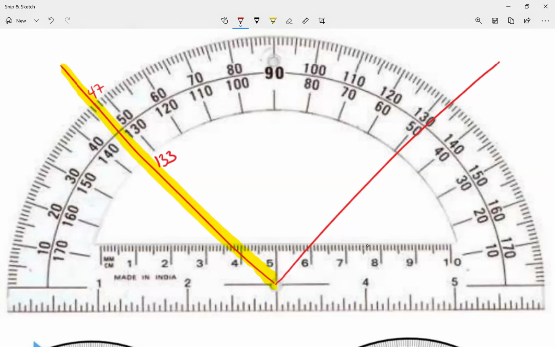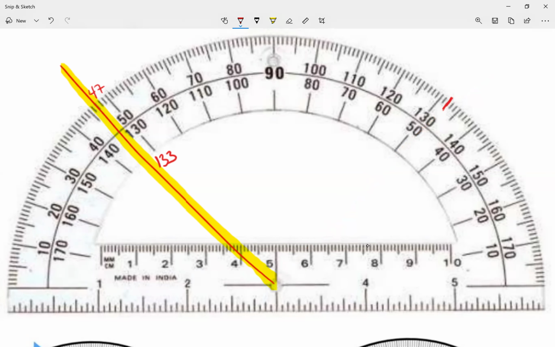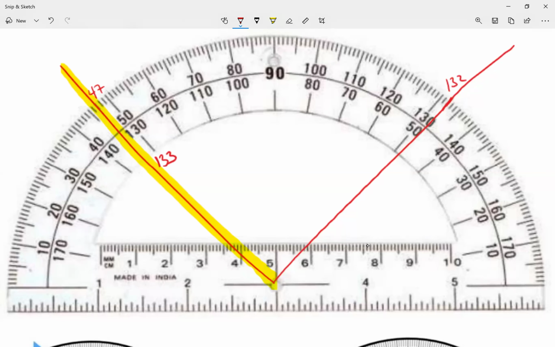Hmm, interesting. Now my other segment, let's say it crosses at this segment. The number on the outside is 132, but on the inside is the number 48. Huh, interesting.